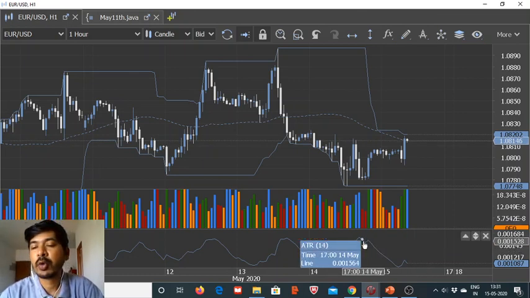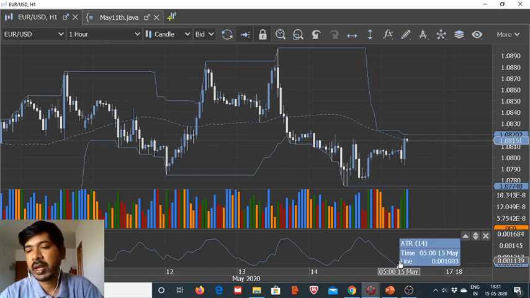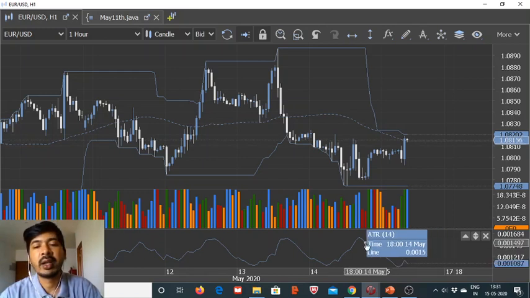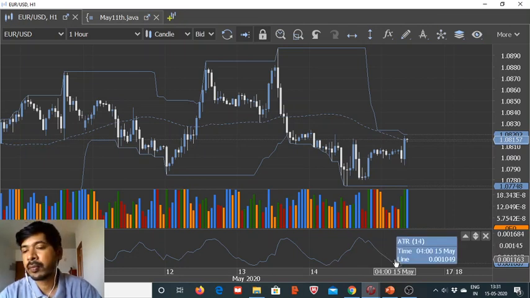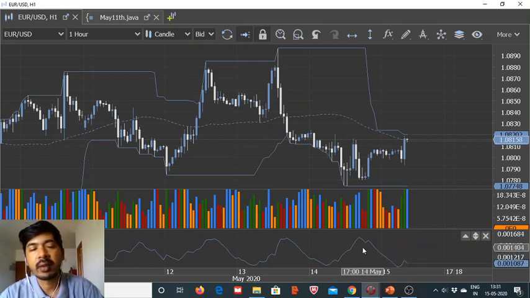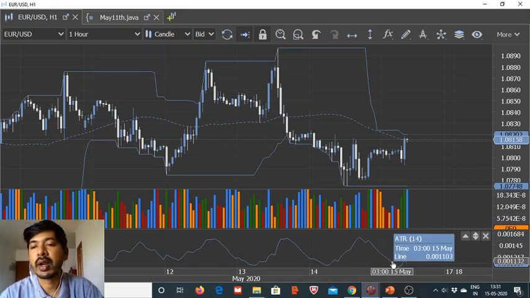We were looking for a situation where the current ATR, last hour's ATR value, is at least 20% less than the ATR 12 hours back. We decided on that simply because we wanted some consolidation to have happened, and because of that the ATR might have gone down, and we wanted to use it to our advantage.